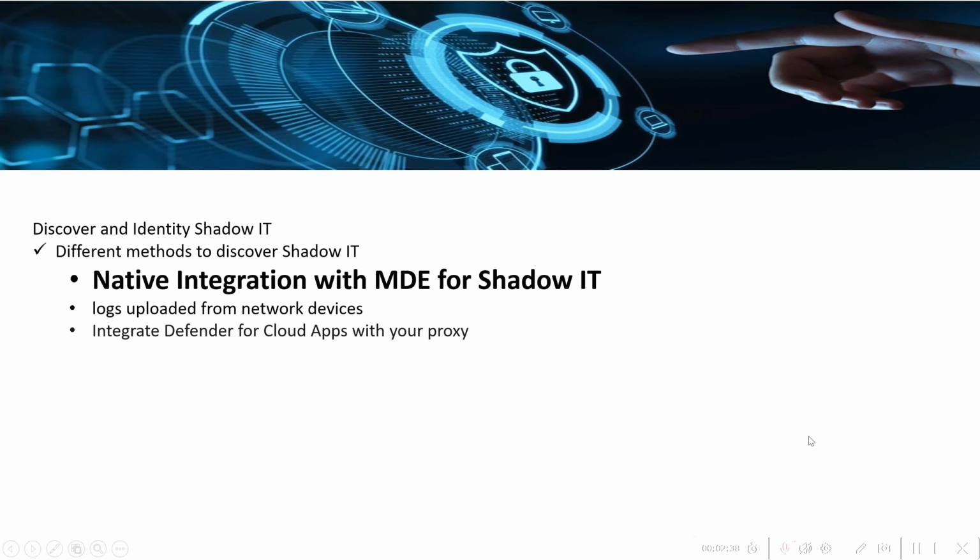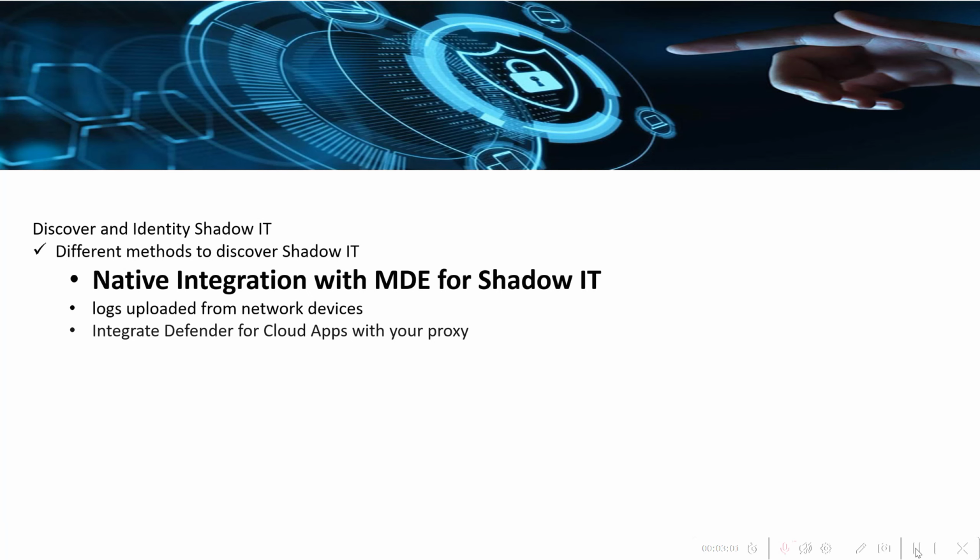Also, as an admin, you will have a deeper visibility into the sanctioned cloud apps and Shadow IT, which means you can see which applications are approved by an IT admin and which applications used by the employees are not approved by the IT admin.